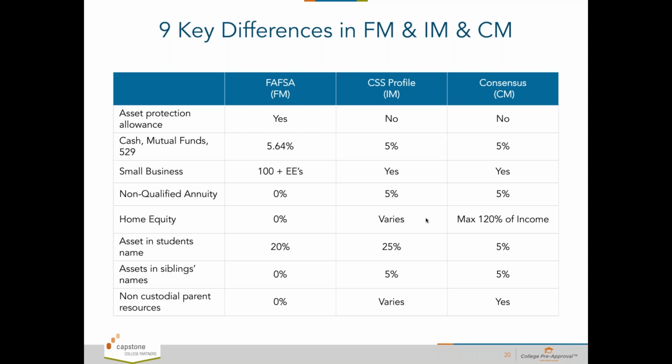So that's the non-custodial parent rule, whereas the profile schools, the vast majority of them do ask for what they call the non-custodial parent to submit a CSS profile. It's a little complicated. So in a divorce situation, I would file the FAFSA as the custodial parent. I would also file the CSS profile.